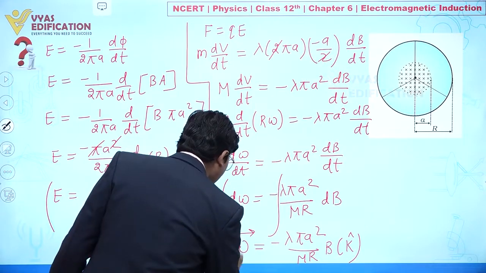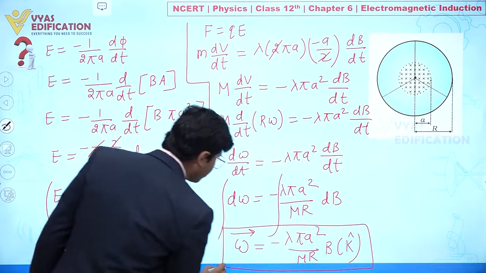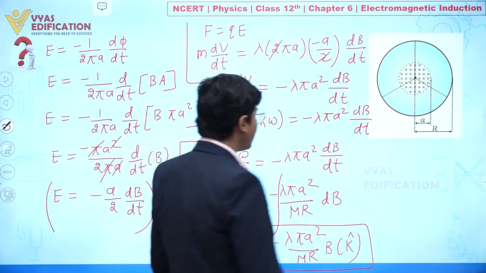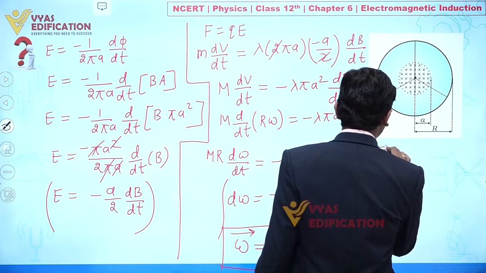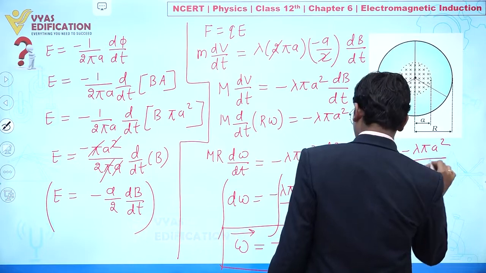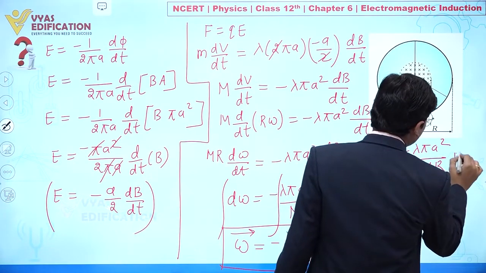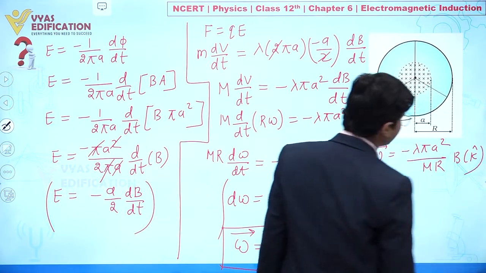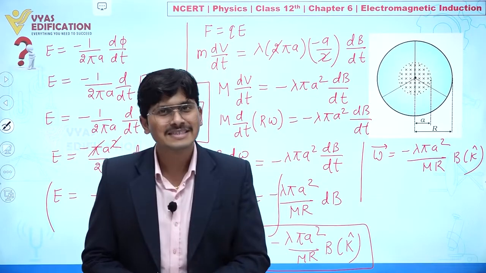So the final expression is omega equals minus lambda pi a squared divided by mR times B k. This is all about this question.